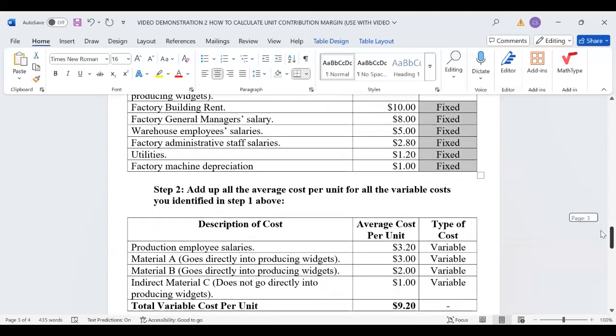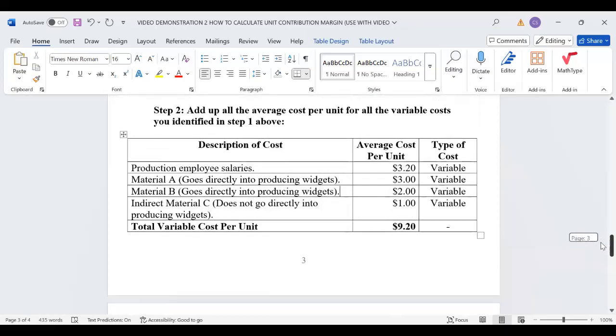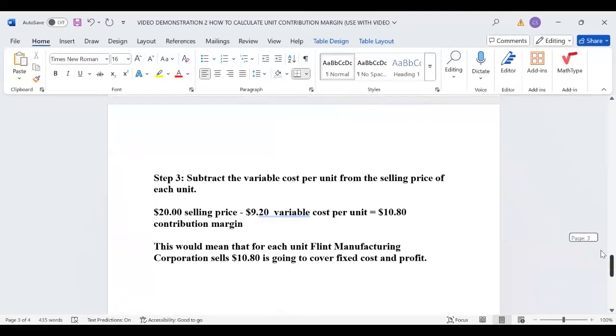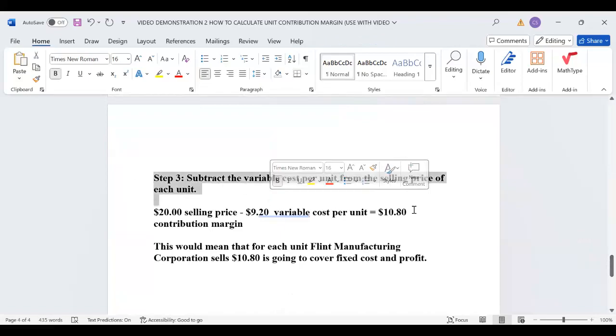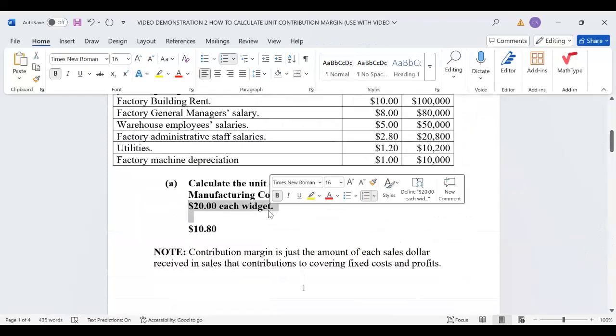The second part is take all the variable costs, list them, and add them up. So these are all the variable costs. It equals $9.20. Step 3 is simply subtract the variable cost per unit from the selling price. The selling price given to you was $20 per unit.